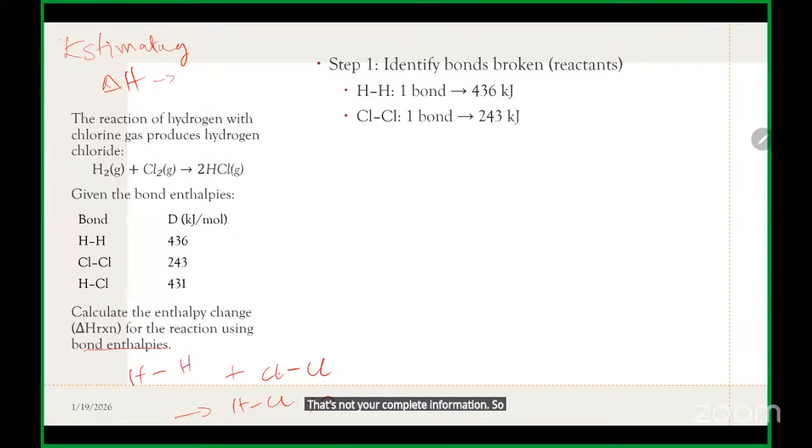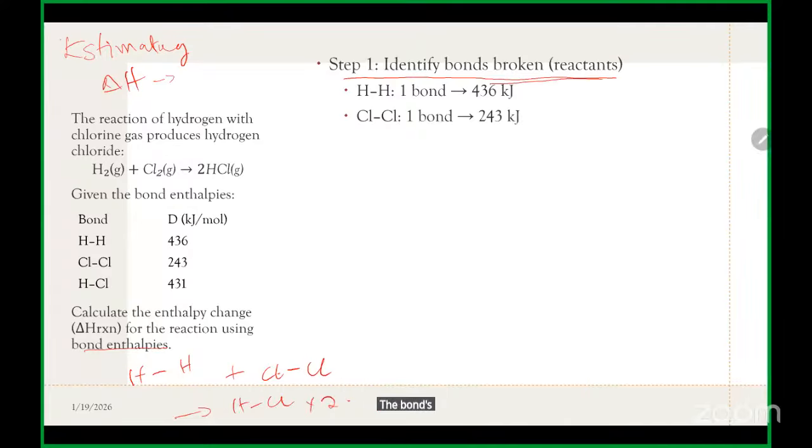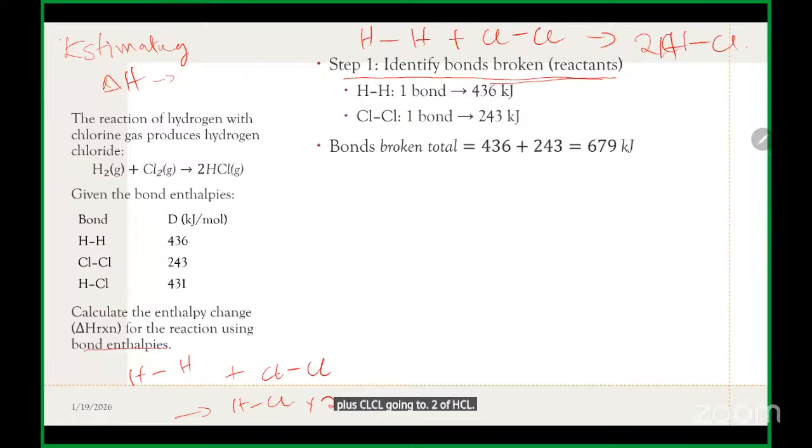So the thing is, when you have a reaction like that, it is important that you identify the bonds broken. The bonds broken are those of the reactants. So H2 plus Cl2 going to 2 HCl.